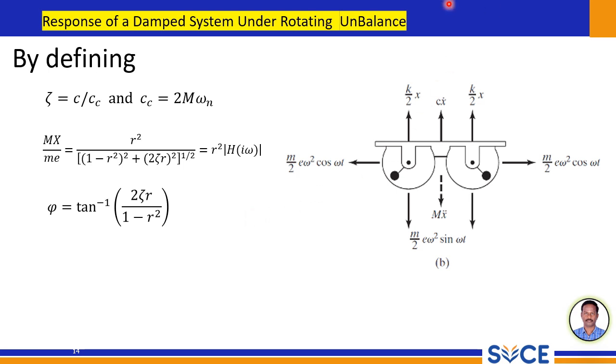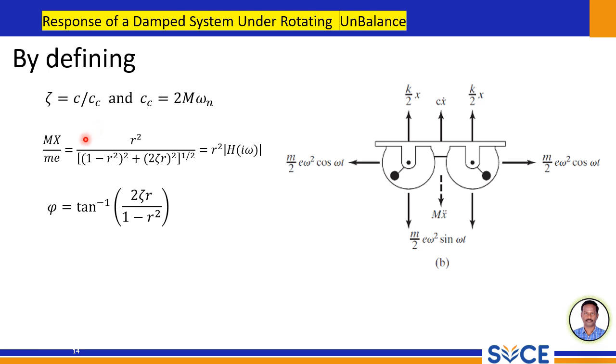and critically damped conditions. Now let's look at the relationship between the system displacement and the unbalanced m e. The ratio m x by m e represents the magnification factor, how much the displacement is amplified due to the unbalance.